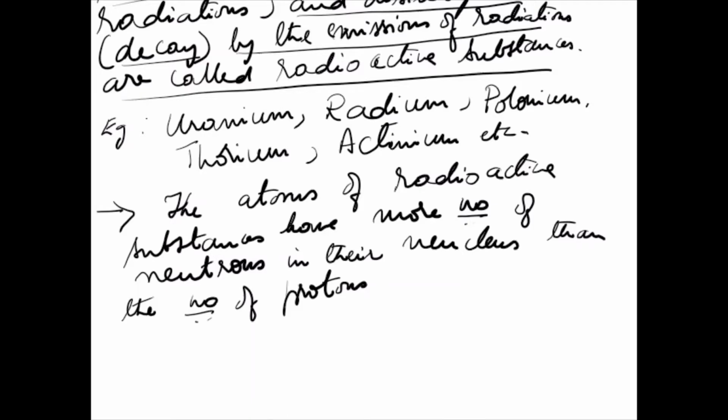Okay, so atoms of radioactive substances have more number of neutrons than the number of protons in the nucleus.